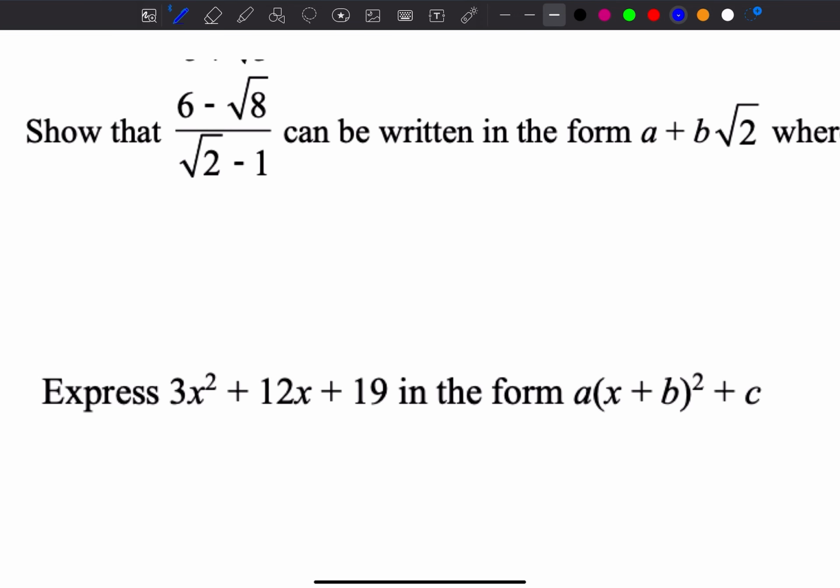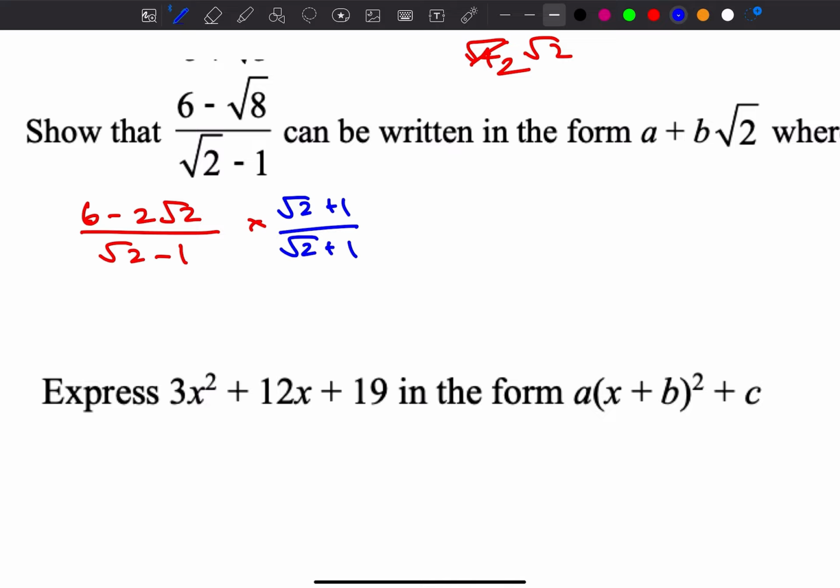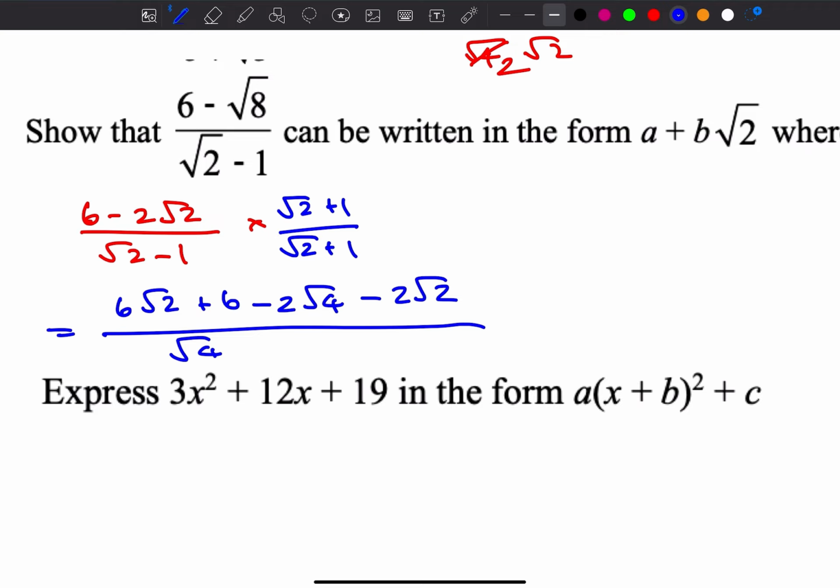So if you go something like this, root 8 is basically what? Root 4, root 2. Root 4 is 2, so that's 6 minus 2 root 2 over root 2 minus 1, times it by root 2 plus 1 over root 2 plus 1. You multiply it. That's 6 root 2 plus 6 minus 2 root 4 minus 2 root 2, over root 4 plus root 2 minus root 2 minus 1.